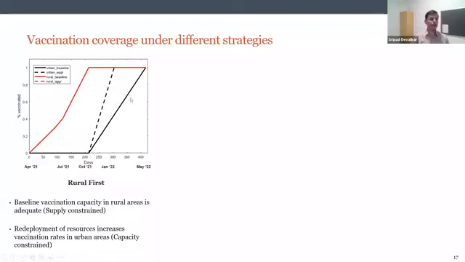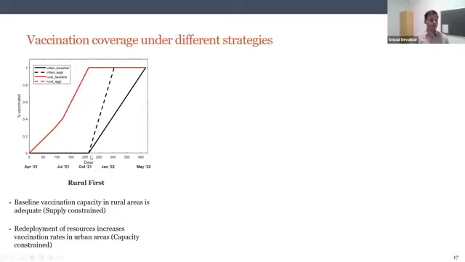Similarly, the solid black line represents the vaccination coverage of urban population. Given that we're considering a rural first strategy and there is adequate capacity even under the baseline scenario in rural areas, the vaccination of urban populations does not start until all of the target rural population has been vaccinated.